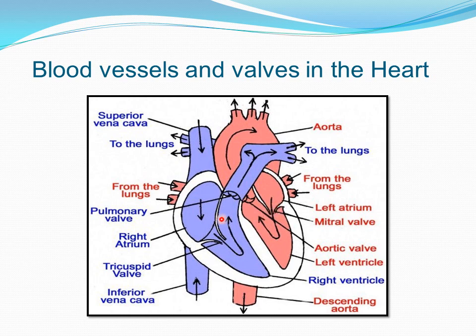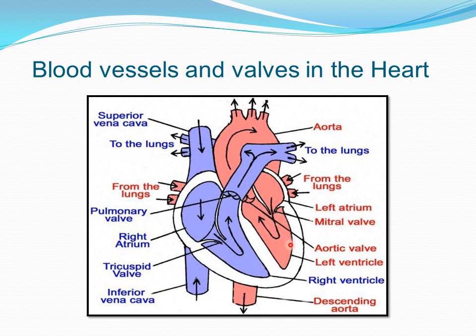See, this left part is totally rich in oxygenated blood, and this right part is totally rich in deoxygenated blood. The left side receives oxygen rich blood from the lungs, and it is then pushed down to the ventricle.